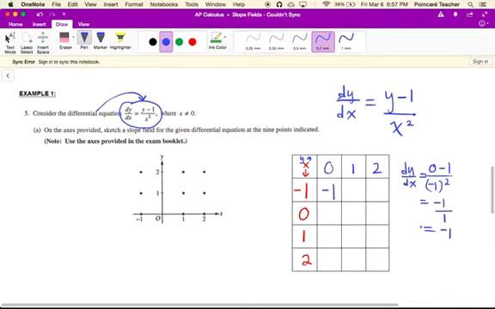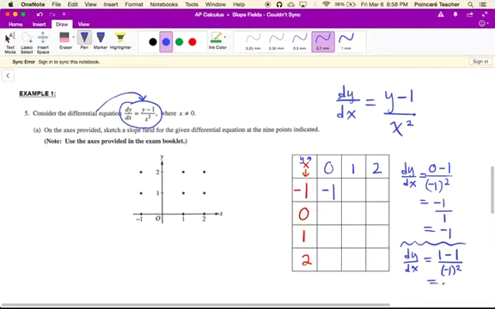And then you can do that again for negative 1, 1. So it will look like this. dy dx equals the y is 1 minus 1 over x squared. My x is negative 1 squared again.